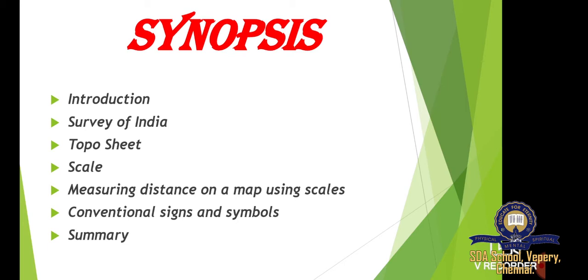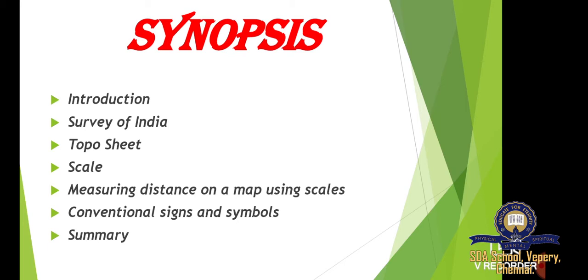Below the scale we are going to see by a statement how we are going to measure, by representative fractions how we are going to see, and then by a graphic or linear scale, and then about measuring distances on a map using scales.